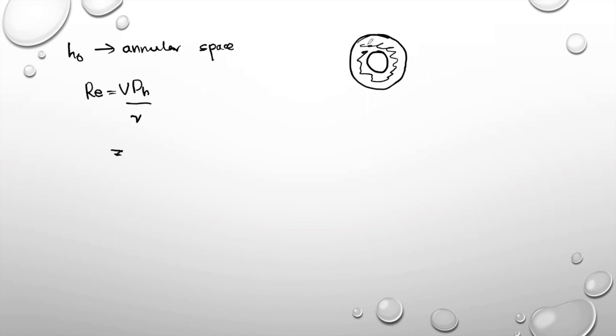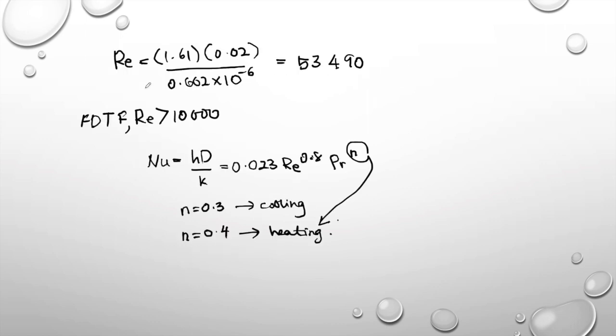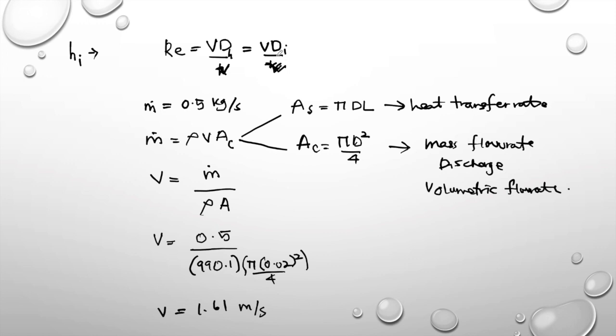Since this is an annular space, the d_h is totally different. Previously we substituted d_h as d_i, because that was a tube.